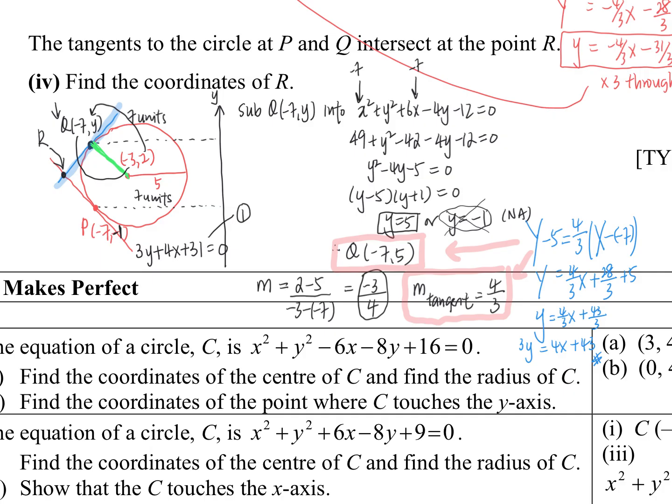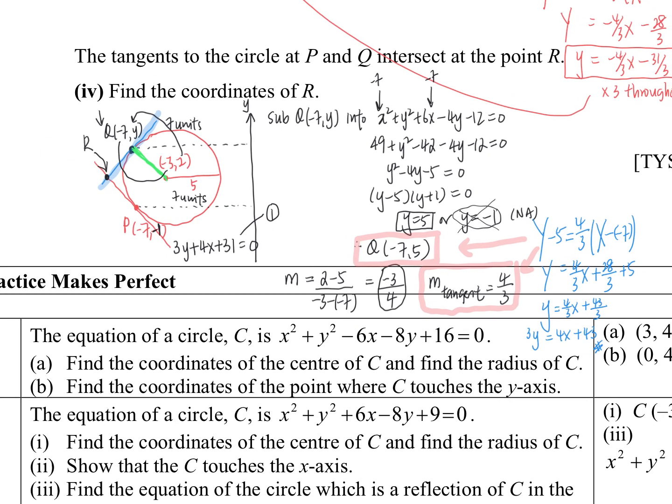And then you have just found this equation to be 3y equals 4x plus 43. Let's call this equation 2. Just sub the second equation into the first one, then you can find x to be minus 37 over 4 and your y should be 2. So this is your R coordinate.